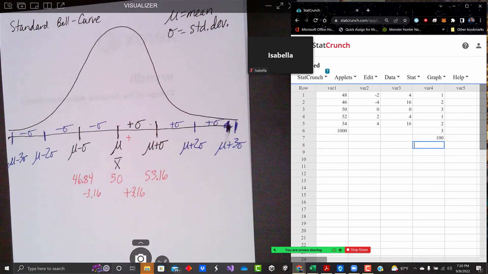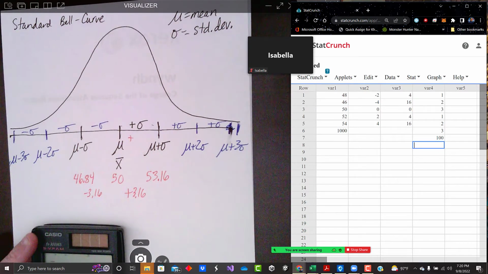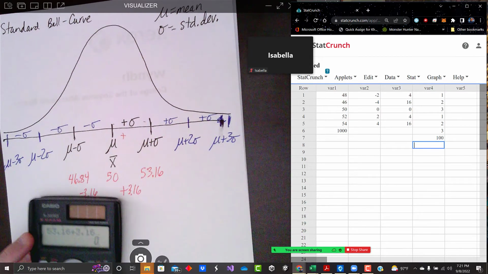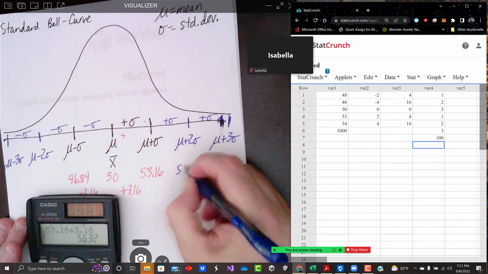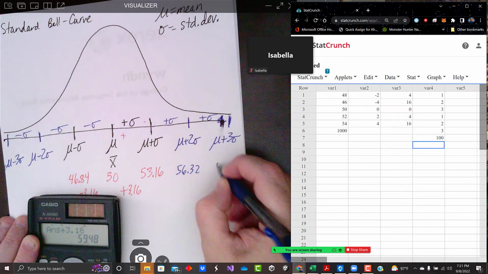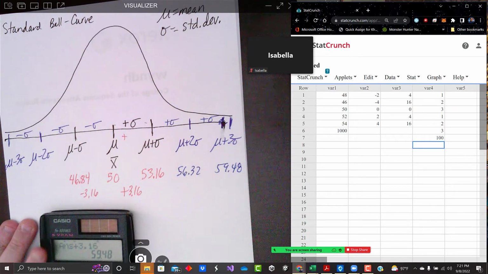I can find the values: 53.16 plus 3.16 is 56.32, plus 3.16 is 59.48. I could do it going downhill.